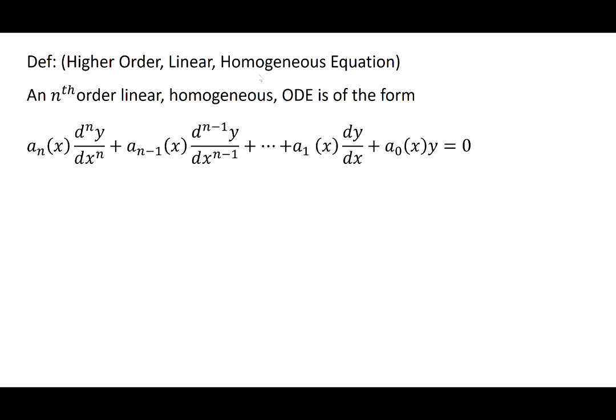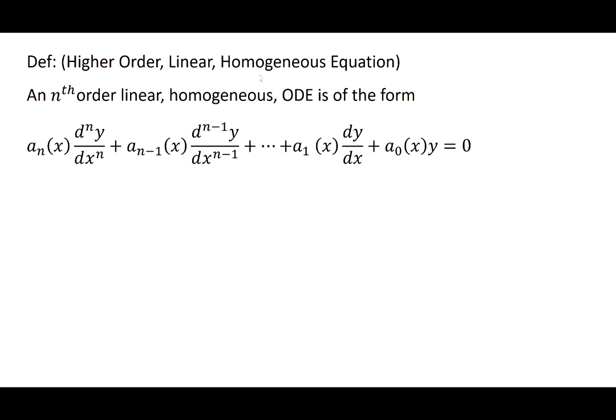You would say an equation is homogeneous if M of x,y and N of x,y are homogeneous functions. And what did that in turn mean? M of tx, ty is equal to t to the n times M of x,y, and similarly N of tx, ty is t to the n times N of x,y, right? So it was slightly more complicated.